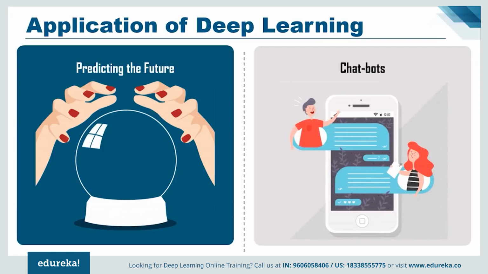Now, all of you have heard about Siri, which is Apple's voice-controlled virtual assistant. Believe me, with the help of deep learning, these virtual assistants are getting smarter day by day. Chatbots also work with the help of deep learning. If you have ever visited or used the customer care services of any online or e-commerce website like Amazon, Alibaba, or in fact Flipkart, the customer care service you are interacting with might not be an actual human.